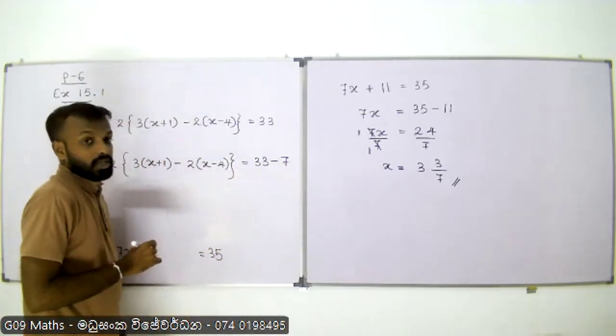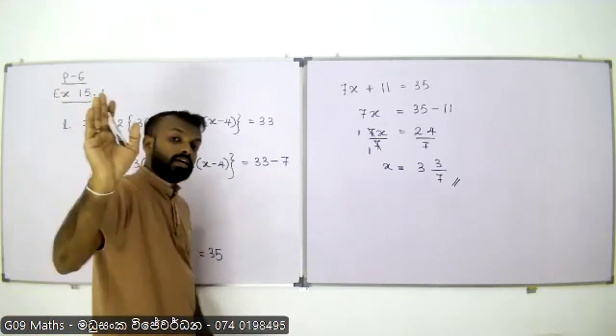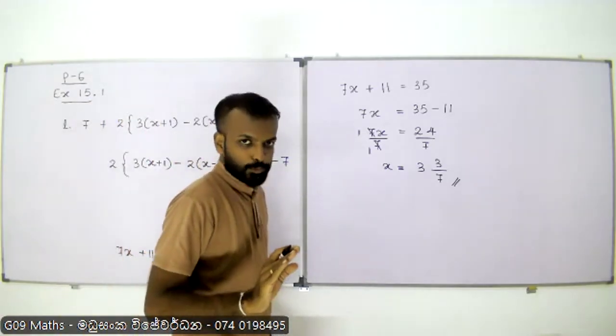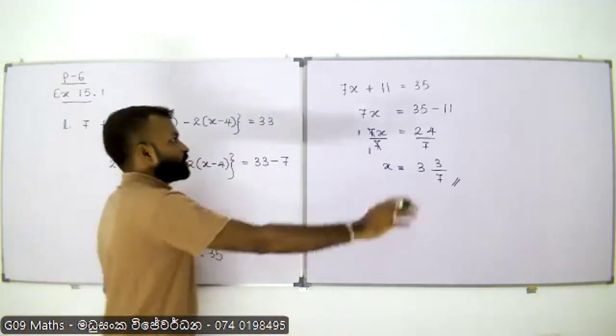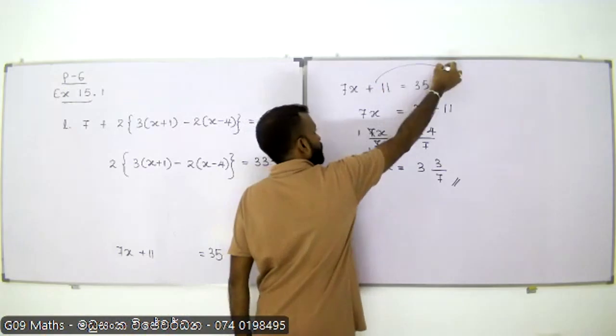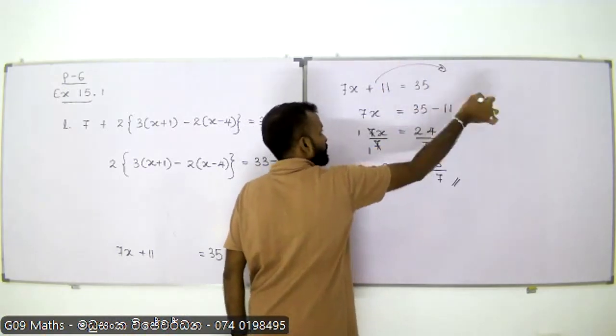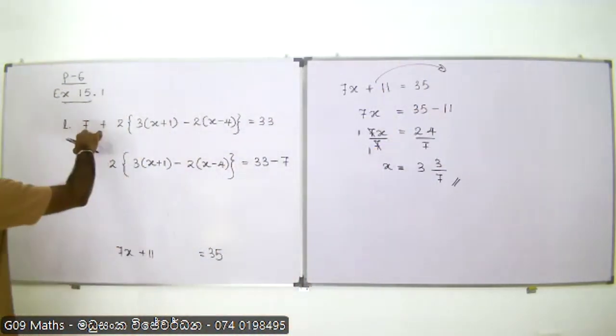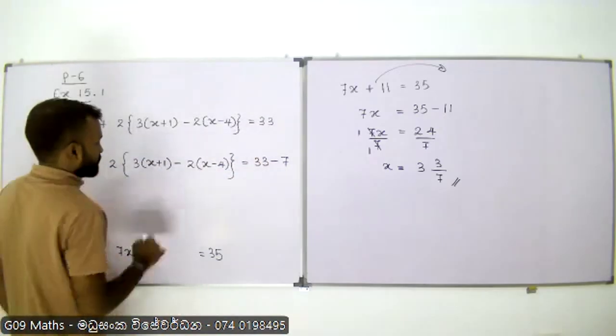Hope you can understand. I have done these things several times in last week as well. Yeah. And also here same thing done, right? When 11 goes to this side, it becomes negative 11. Positive 7 goes to that side, negative 7, right?